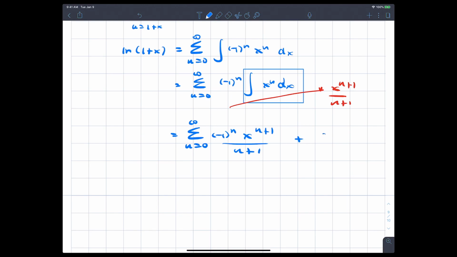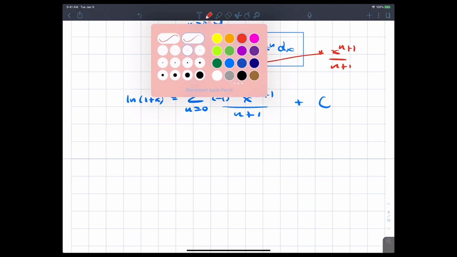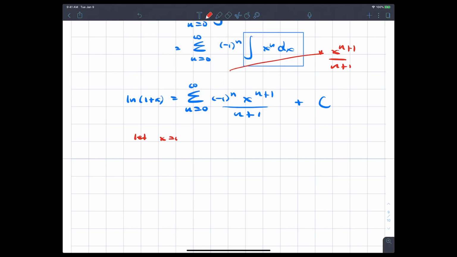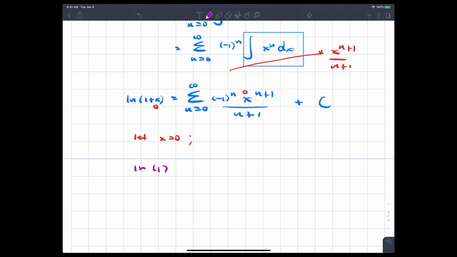And don't forget, there's a constant c. So here's my natural log of 1 plus x. Let's not forget about the constant. So again, if you wanted, we can say if we let x be 0, on the left side we get natural log of 1.